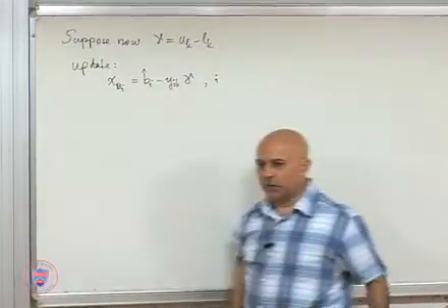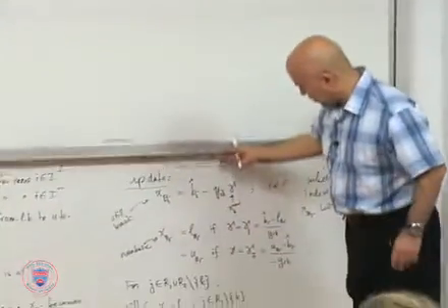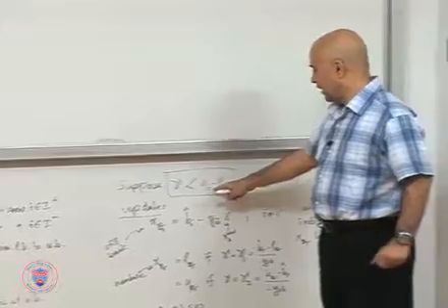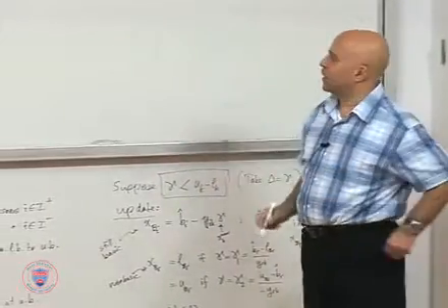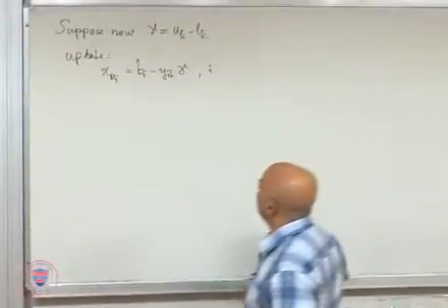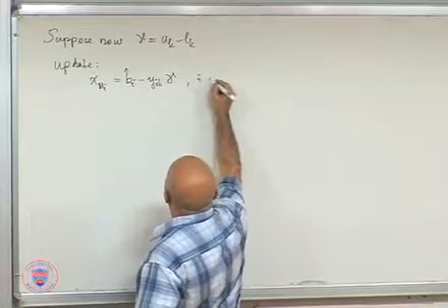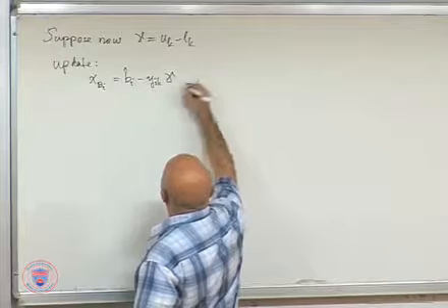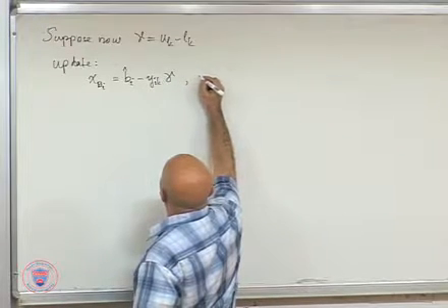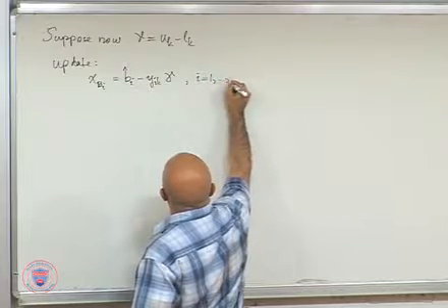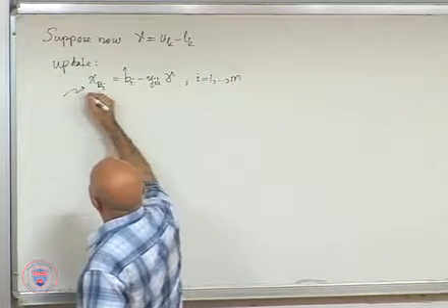Okay, we already investigated the condition when gamma is less than UK minus LK, so I'm looking at the case when gamma is equal to UK minus LK. In this case, of course, the updating is true for each of the basic variables. So all of them are still basic.